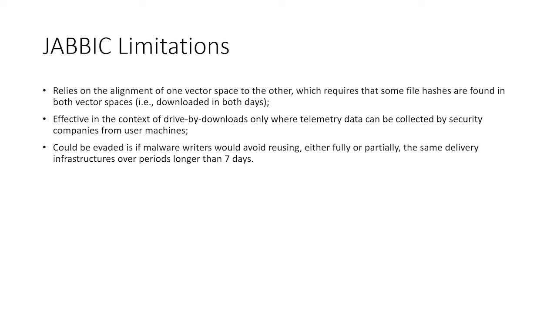If no file hashes are common to both vector spaces, then the alignment of one vector space to another is not possible. However, we found that a sufficiently high number of file hashes were downloaded not only from one day to another, but also across multiple days. Thereby, the alignment of vector spaces should not pose any issues in similar analyses.